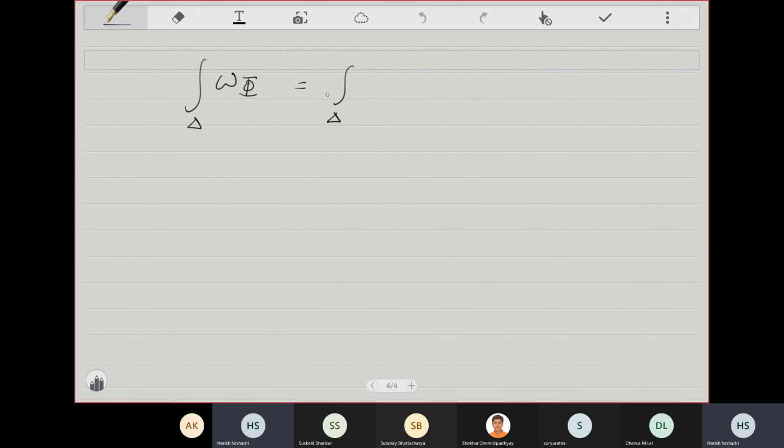This is A composed with phi, this function multiplied by d phi I1 ... d phi Ik.